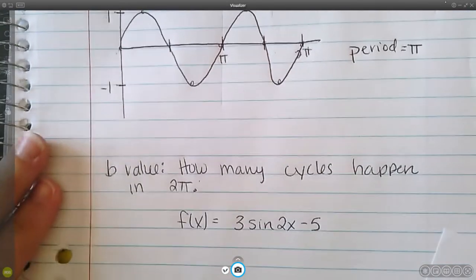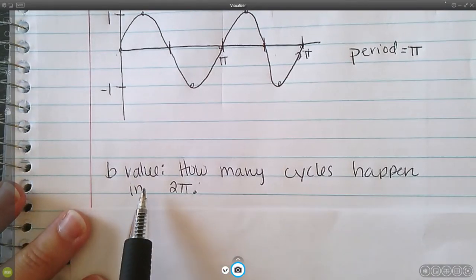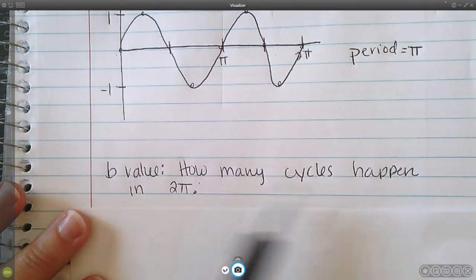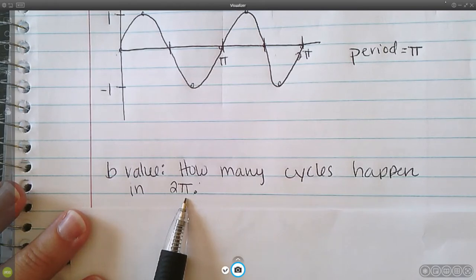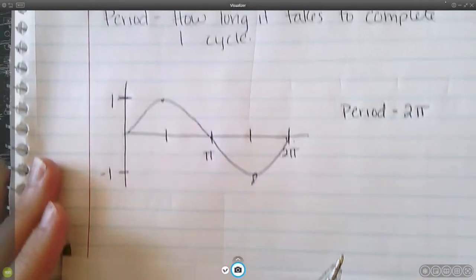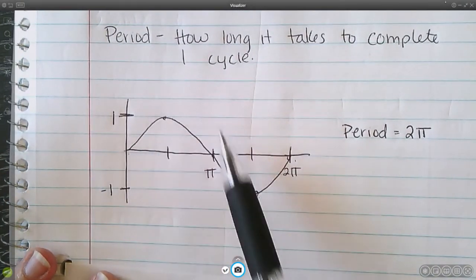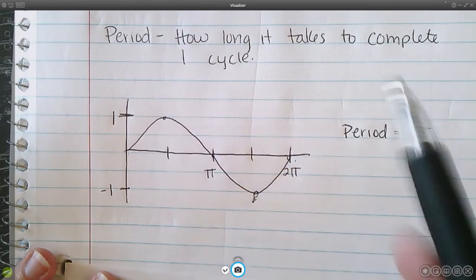So now we have to talk about the b value. So the b value is how many cycles happen in 2 pi. So in 2 pi, how many cycles are happening? If we go up here, well, here's 2 pi. How many cycles happened? Well, just one.